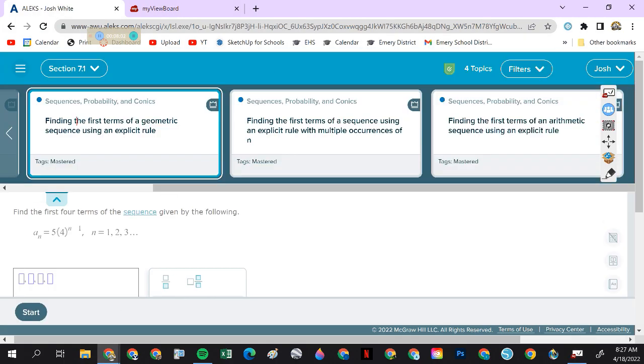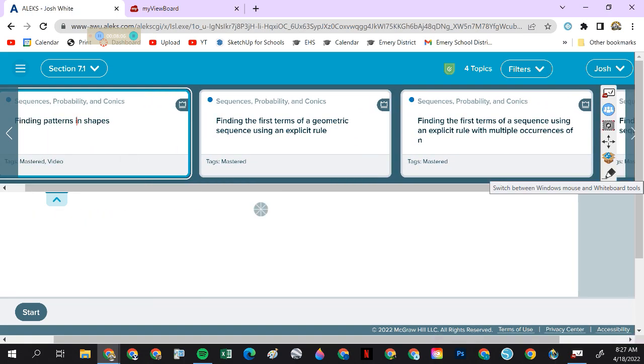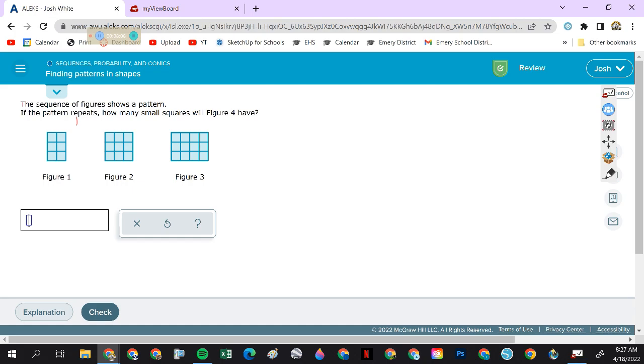All right, and I believe this is the last problem. This is kind of a sequence built with a picture. The first picture has 6 blocks, the second picture has 9, and the third picture has 12. Can you see the change between each picture?